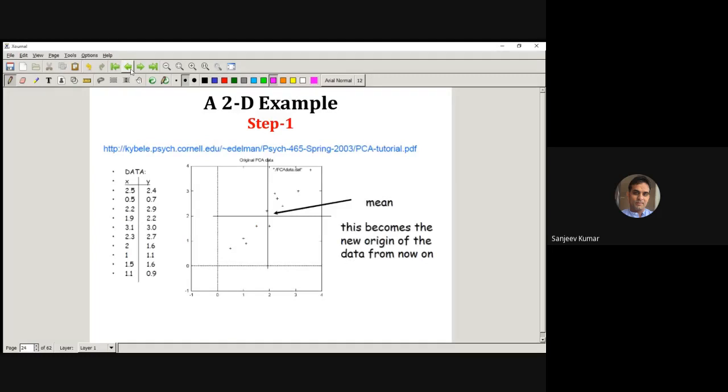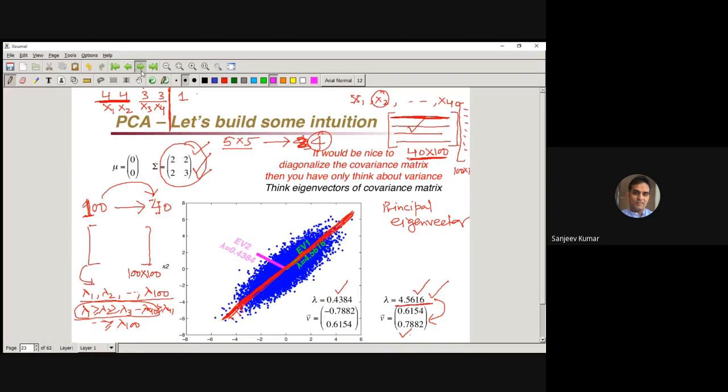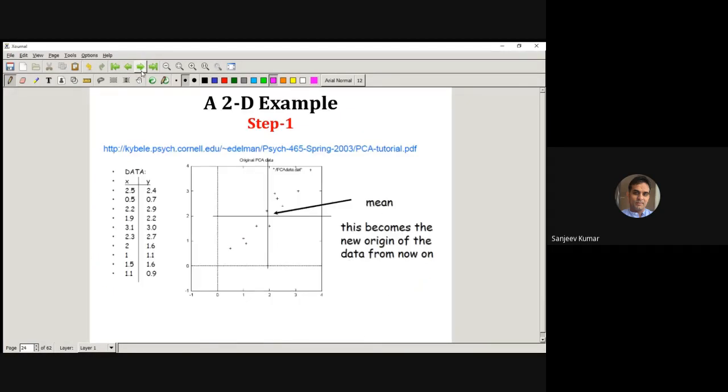For a clear understanding, let me take an example. Just look at this data. It is 2-dimensional data: sample 1, sample 2, sample 3, up to sample 10. If I plot this data on the x and y directions, each plus is a particular sample.